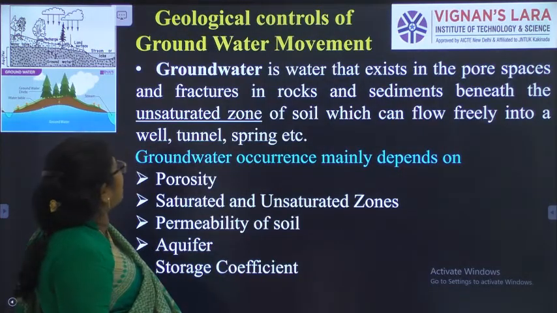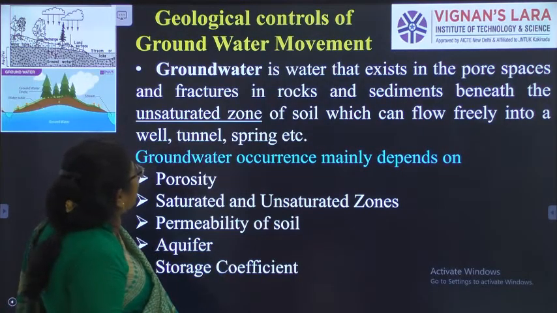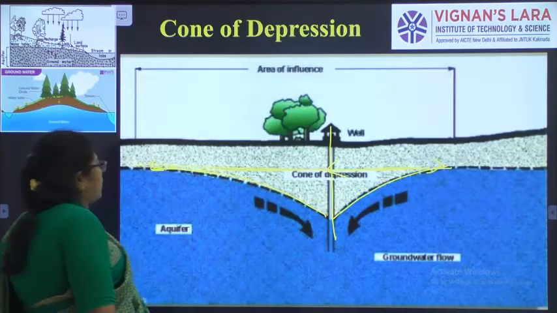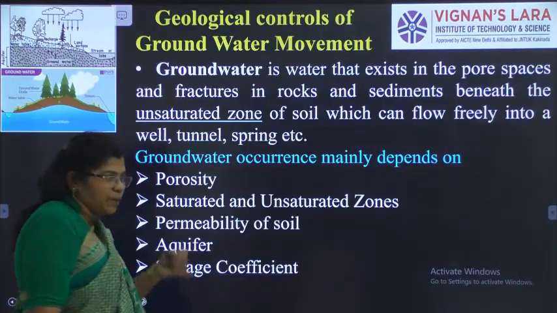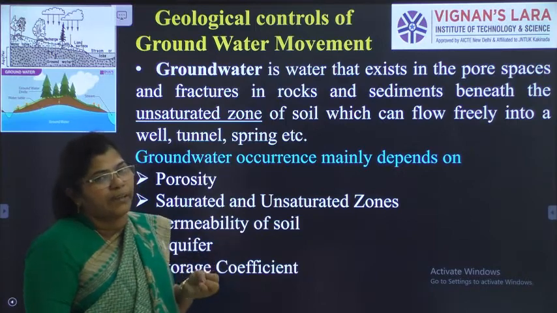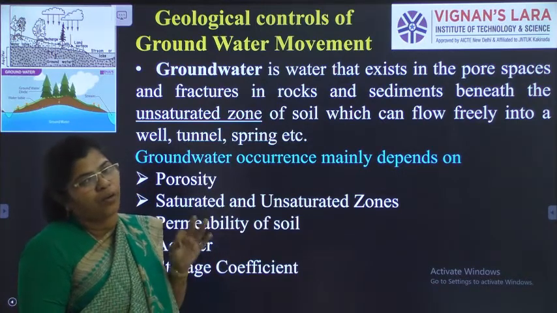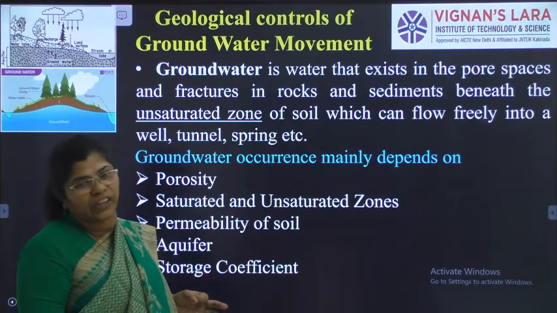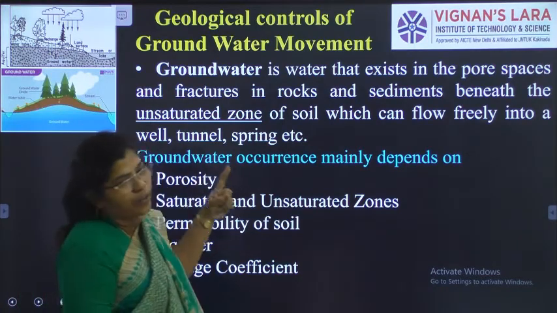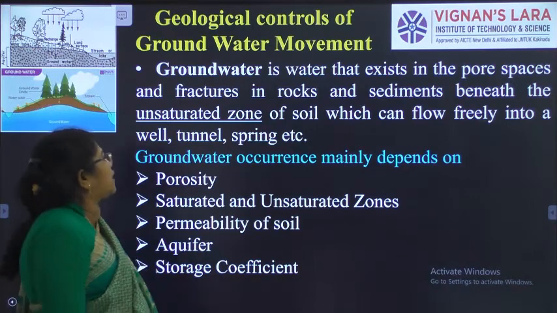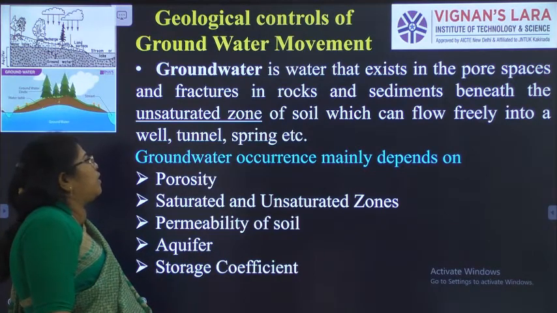Next we will see the geological controls of groundwater movement. We have seen the water table, the aquifer characteristics based on the rocks, and third, the cone of depression or cone of exhaustion. The fourth topic is the geological controls of groundwater movement.